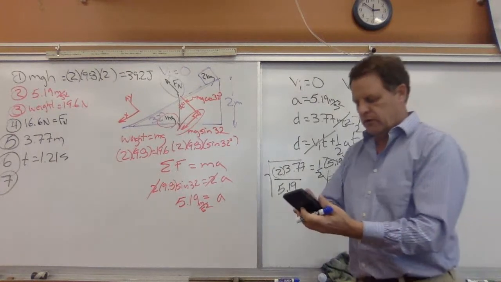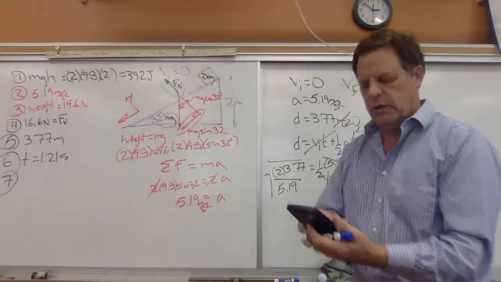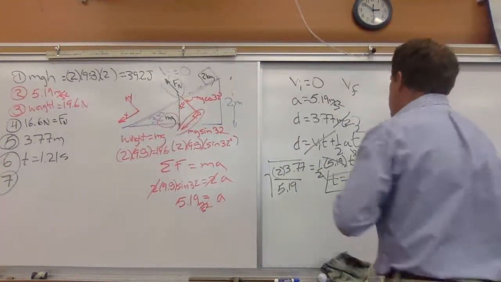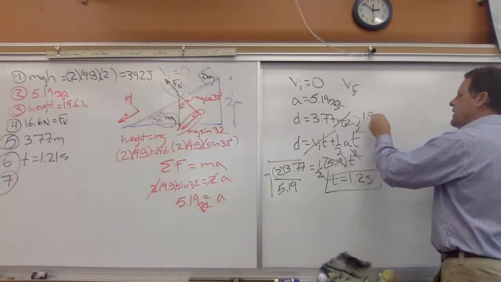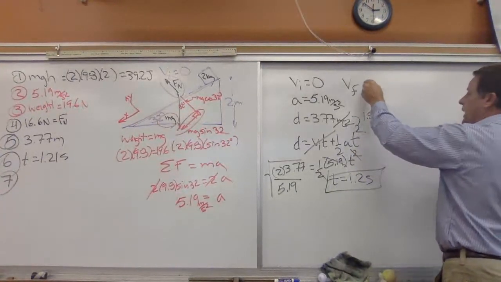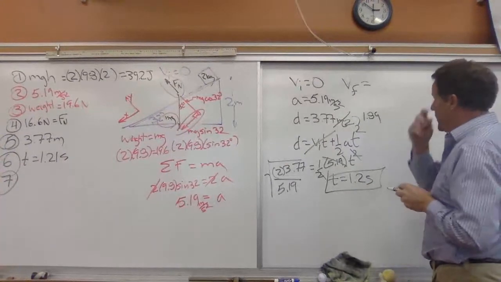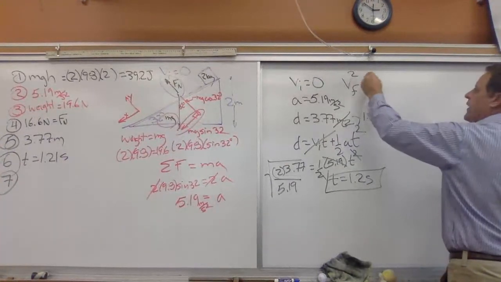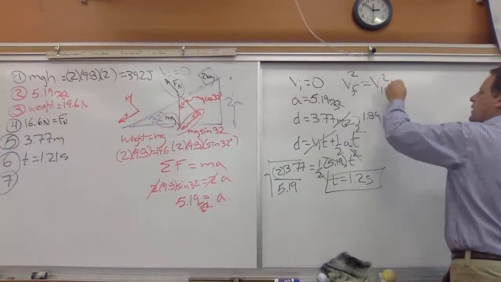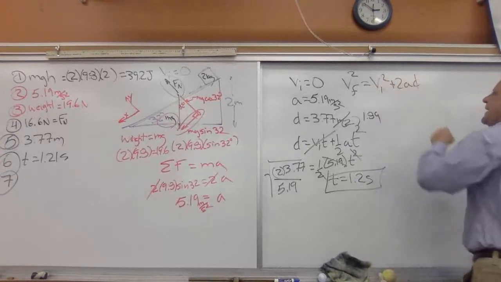So 3.77 divided by 2 is 1.89. And we can now say that V final squared is equal to V initial squared plus 2AD.